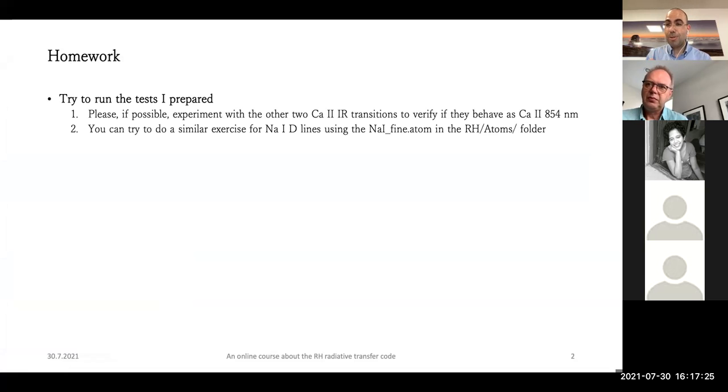Then I already included the sodium lines, which are additional lines where you probably see that PRD is important as you move to the limb. So maybe you can try to do it.